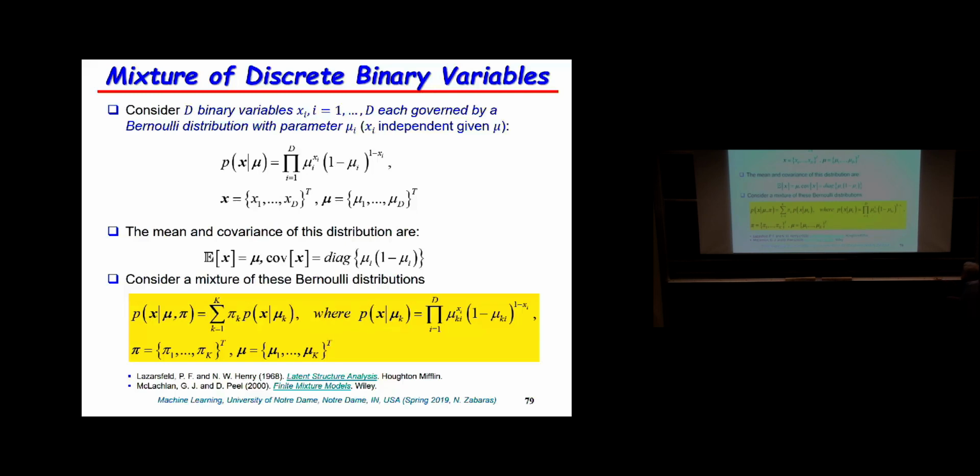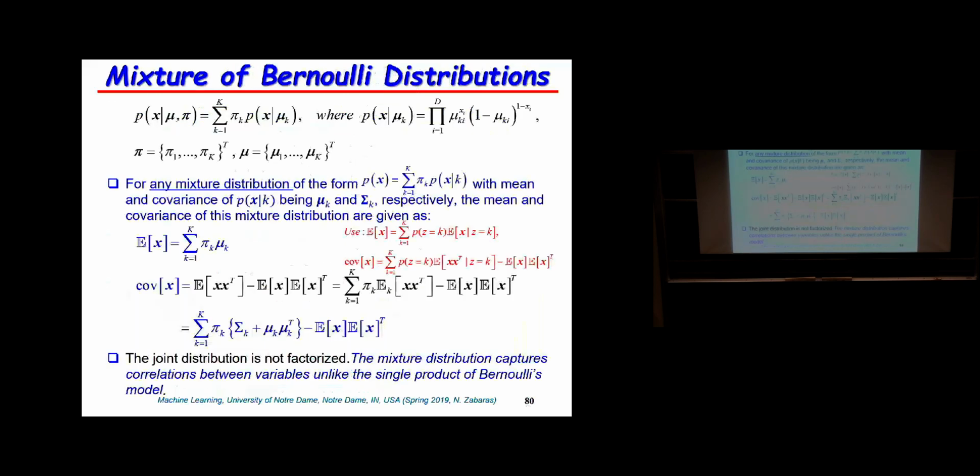So here is a mixture. What would be interesting is to see how we do the MLE estimate, how we apply the EM algorithm for this type of mixture where the conditional distributions are Bernoulli distributions.